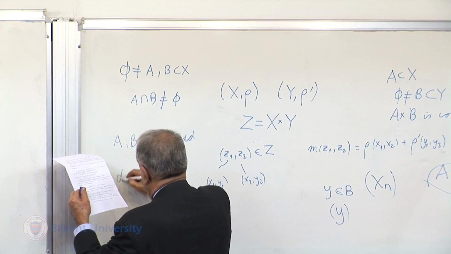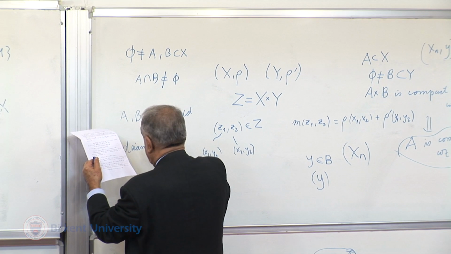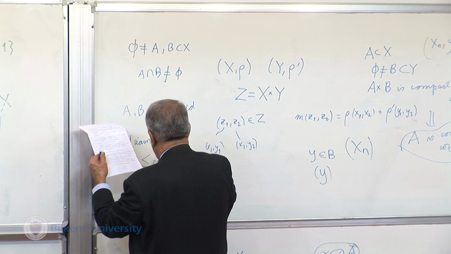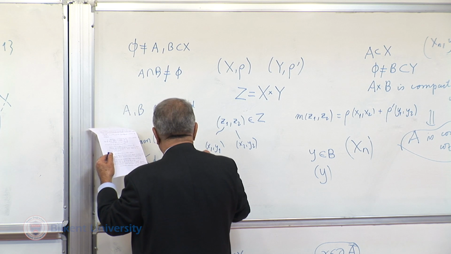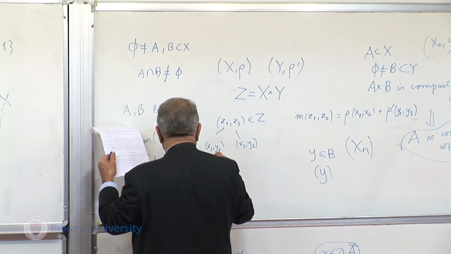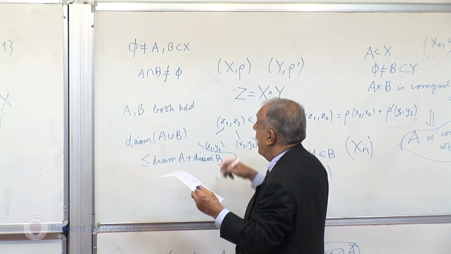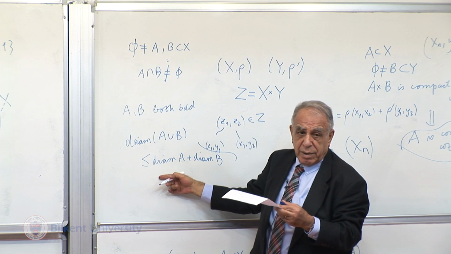And the question is to show that the diameter of A union B is diameter A plus diameter B. Well, if this is empty, then of course this does not hold.